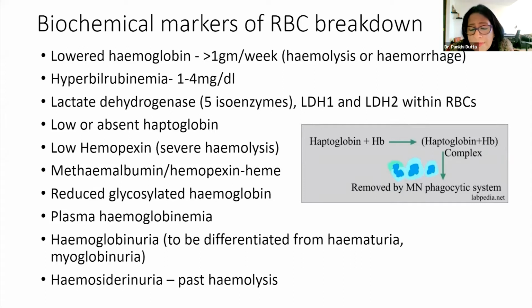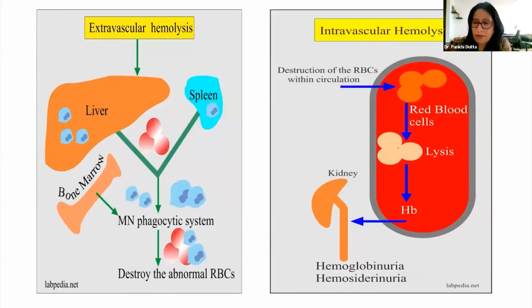From time to time, when the cells get sloughed off and pass on with the urine, if you test the urine for iron, it will give a positive test for iron. So hemosiderinuria is very important, because when hemolysis is not occurring at the moment, but has occurred in the recent past, looking for hemosiderin is a very useful assay. So these are some of the biochemical markers.